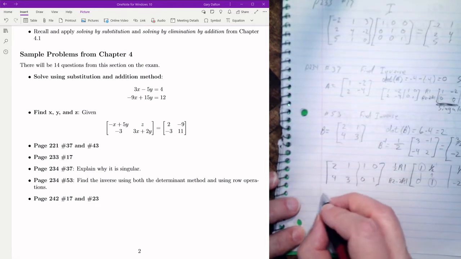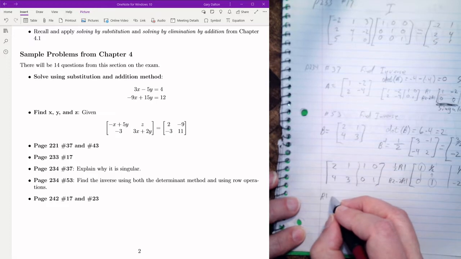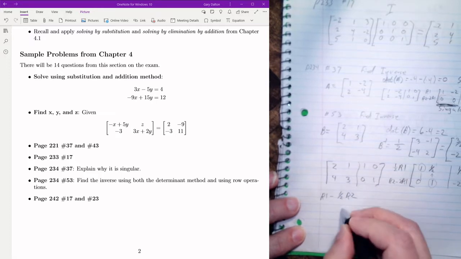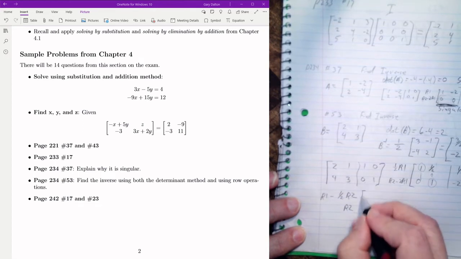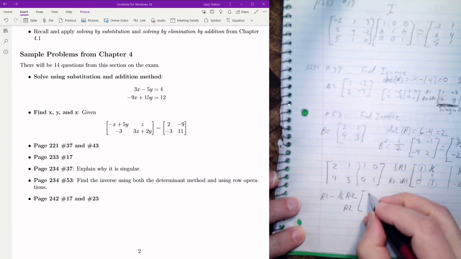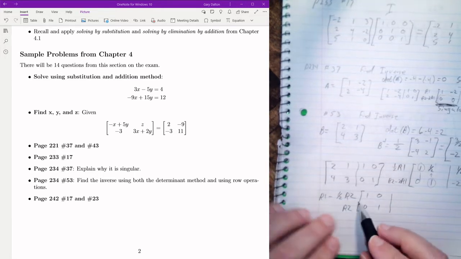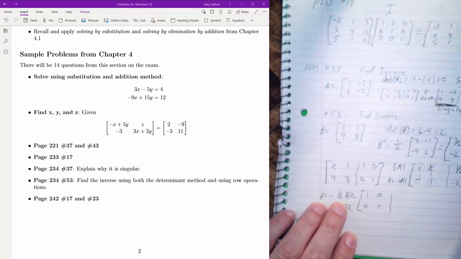So we're going to have row 1 minus 1/2 row 2, and row 2 will stay the same. So that gives us 1, 0, 0, 1. Row 1, which is 1/2, minus 1/2 of row 2. So 1/2 of row 2 is 1.